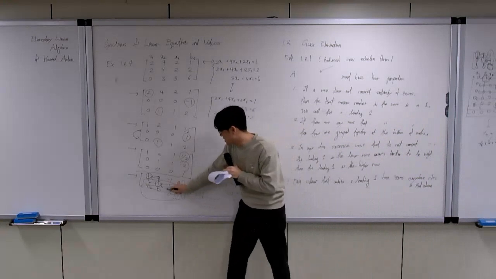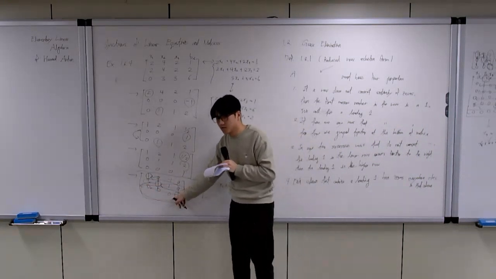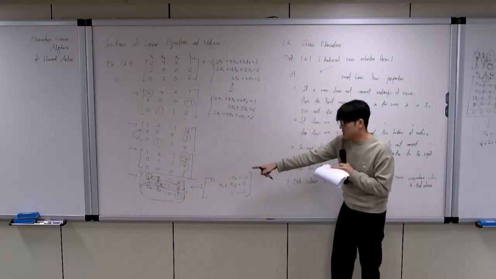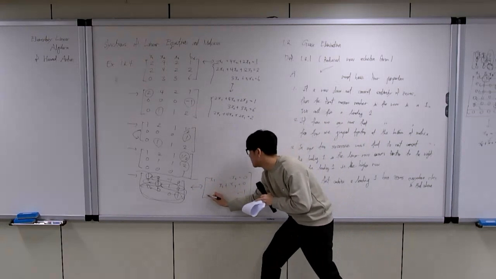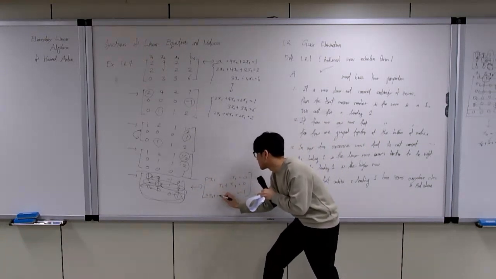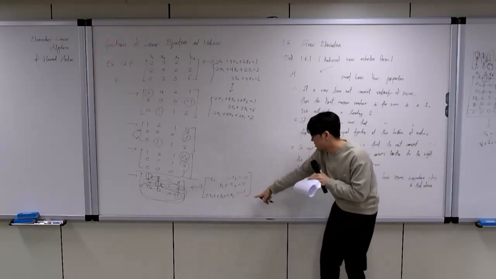In this case, the final row was 0, 0, 0, 1, so this equation means 0x1, 0x2, 0x3 equal minus 1.